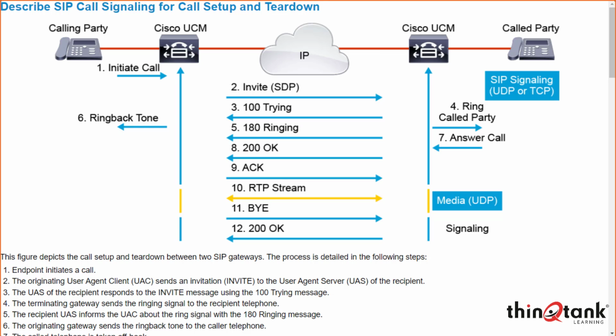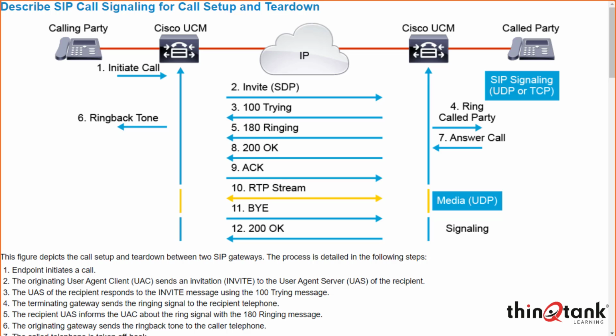So same basic process. We initiate the call on the left. I talked about what a user agent client and a user agent server is when I talked about the SIP protocol. Remember, all of these devices are running both functions. That's required with SIP. So the user agent client sends an invite message to the user agent server of the recipient. All right.